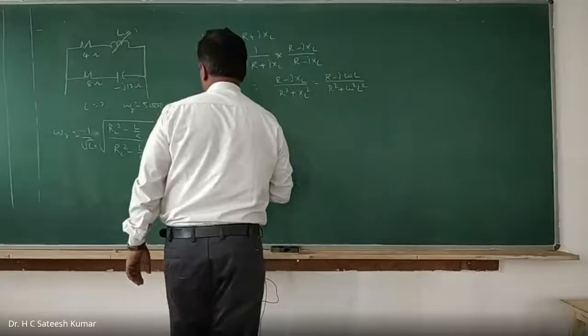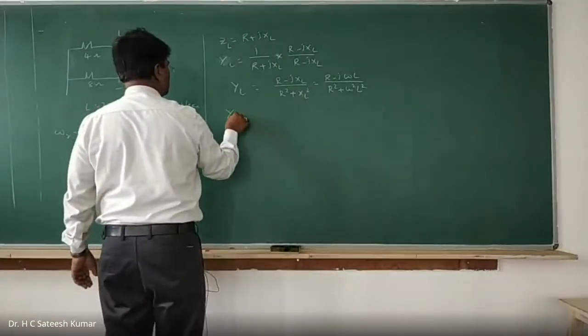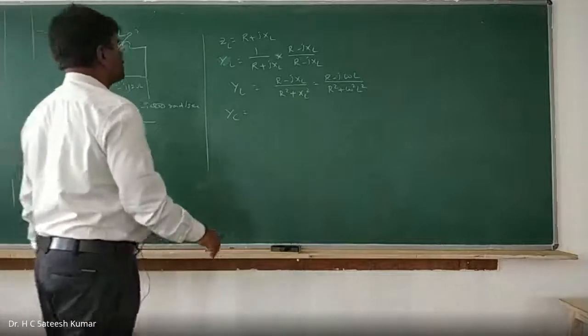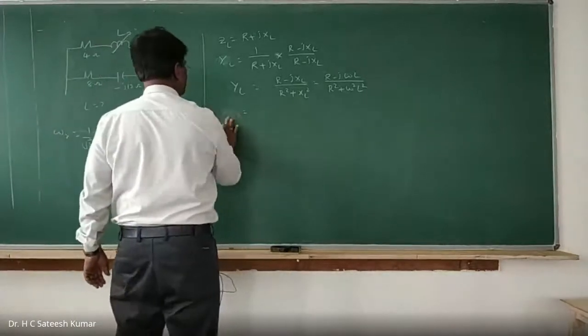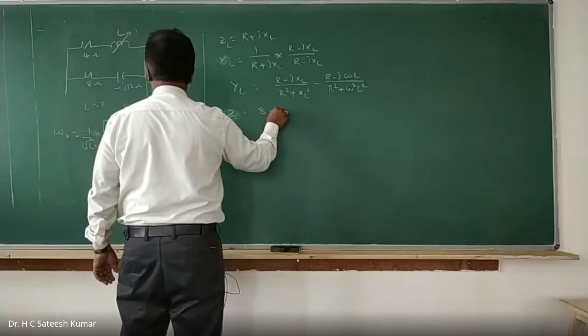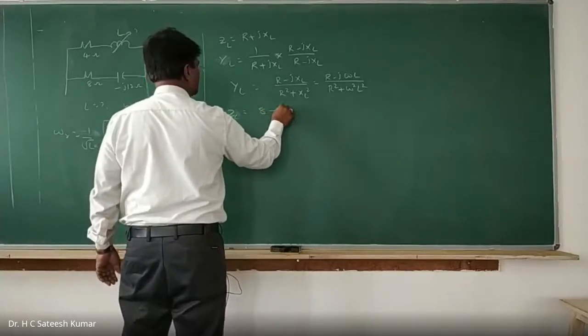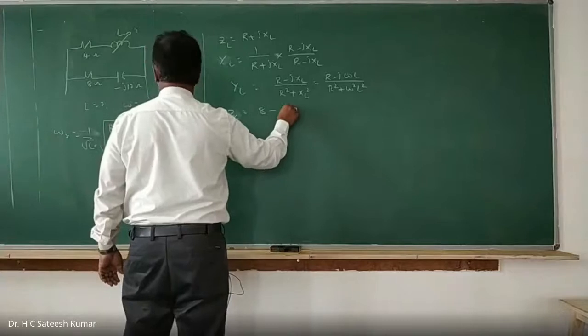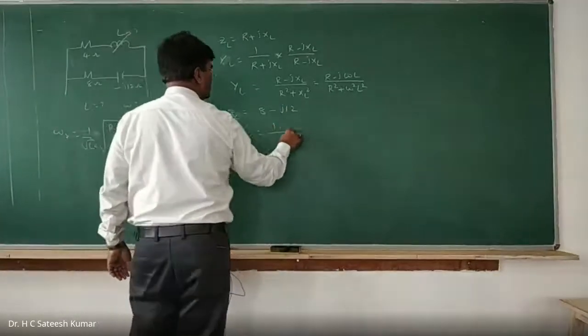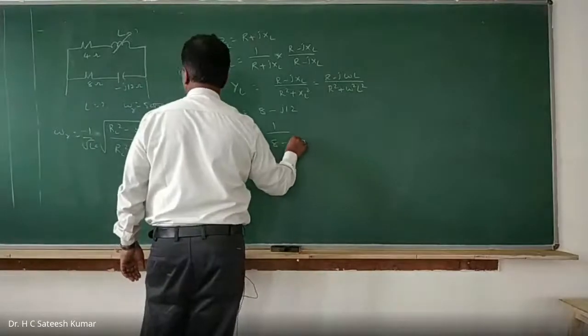Similarly, ZC is equal to 8 minus J12, and YC is equal to 1 divided by 8 minus J12.